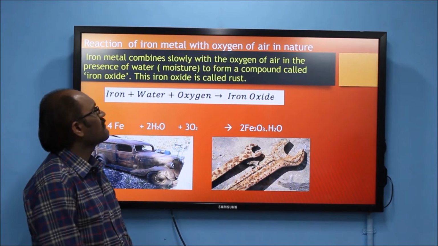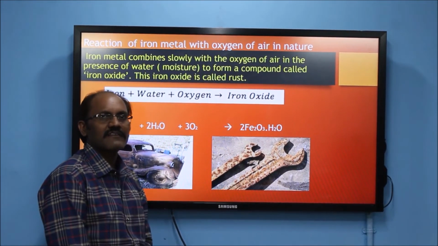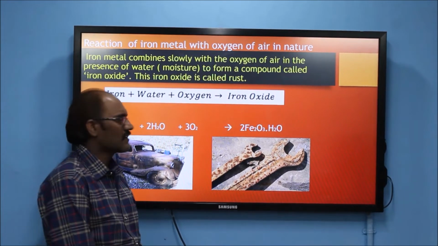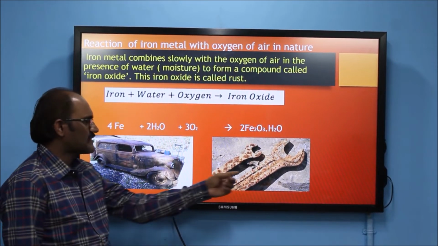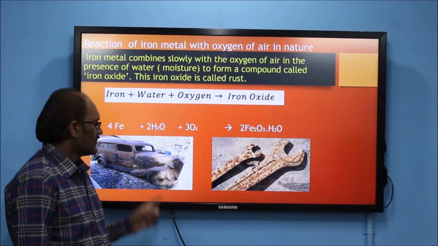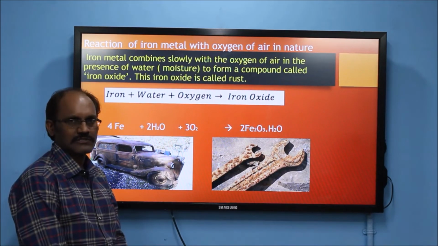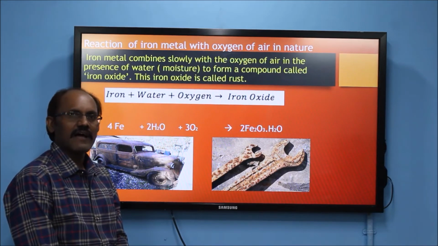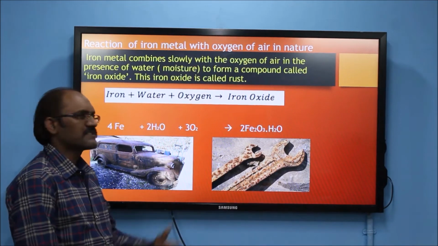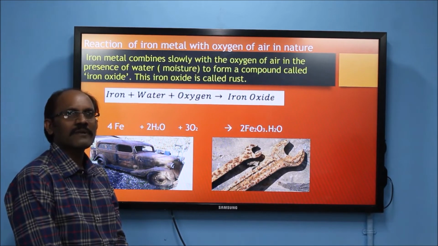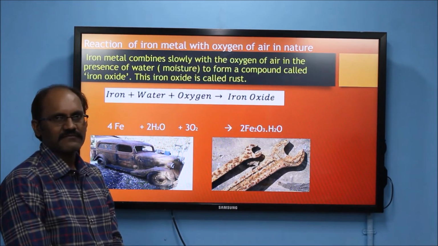Reaction of iron metal with oxygen in air in nature. Children, are you all observing these two images? This is a car and these are the iron tools made of metal iron, and these objects are kept in open places for a long time.